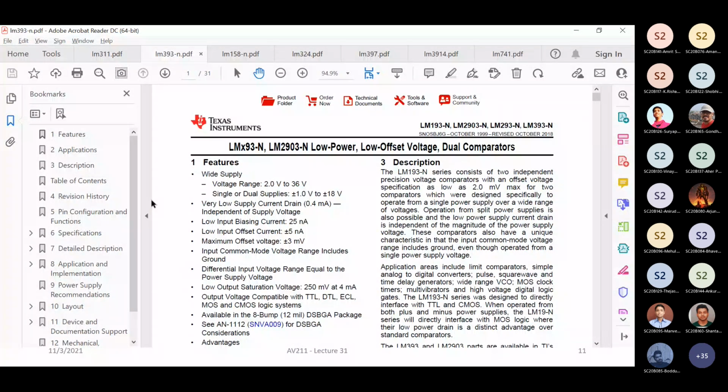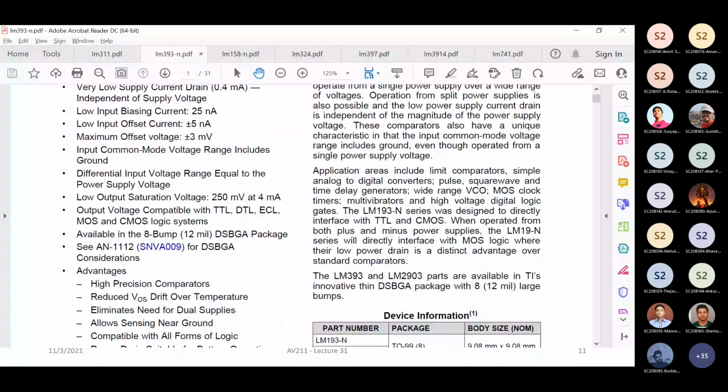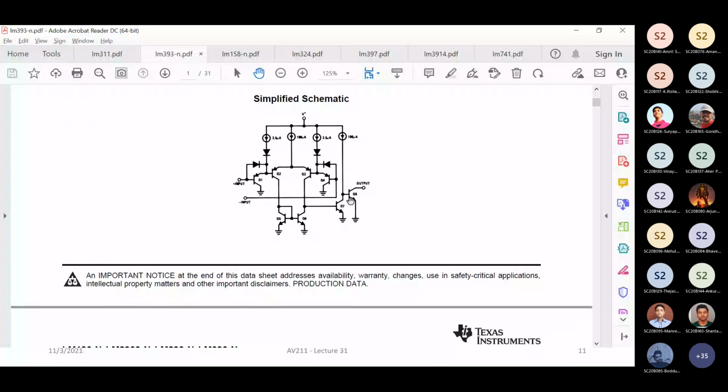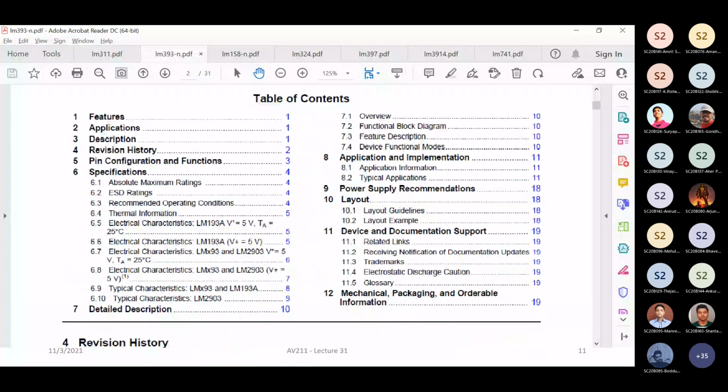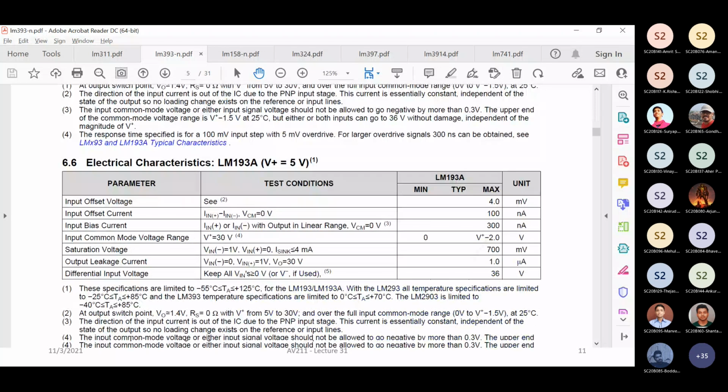In this one, again, if you look at it, this is also a faster output. In this schematic you have an open collector, but here the emitter is grounded. So you only have the open collector, and therefore you need to put a pull-up resistor.